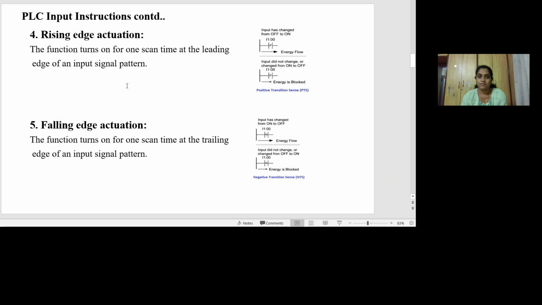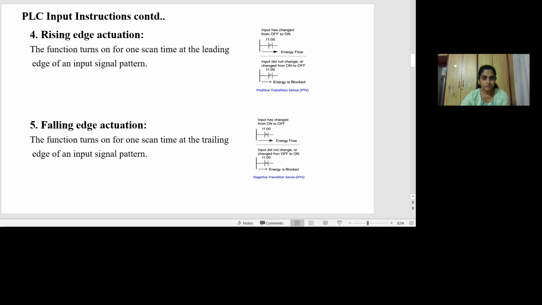The rising edge and falling edge actuations depend upon the timing of the transition. At what time the transition occurs, at that particular time, the contact is energized, it closes and completes the circuit.